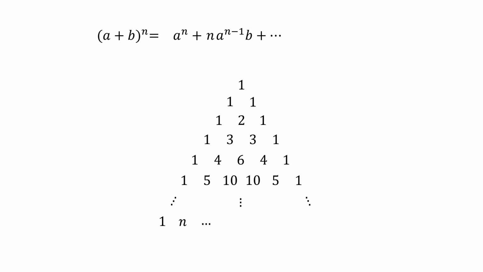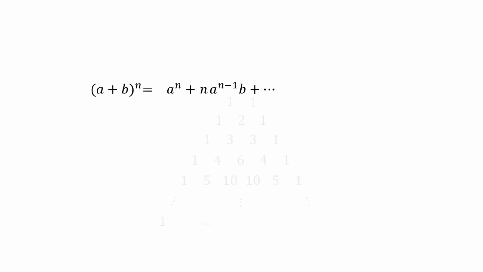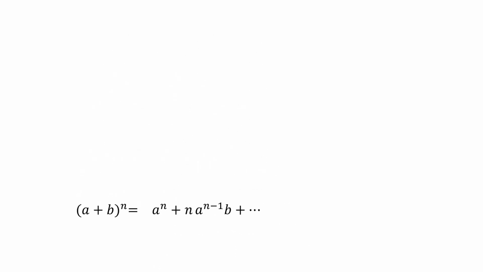Note that everything in the triple dots has a power of b which is greater than or equal to 2. However, for matrices, this only works if we have AB equals BA. This condition holds for the way we've split up M, so we are good to go.